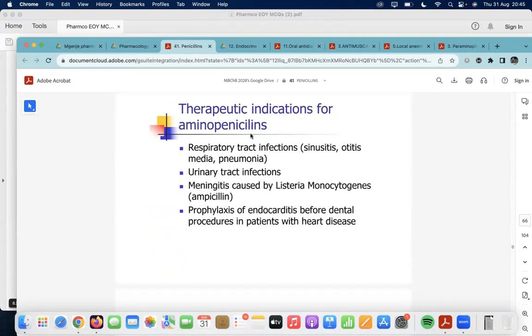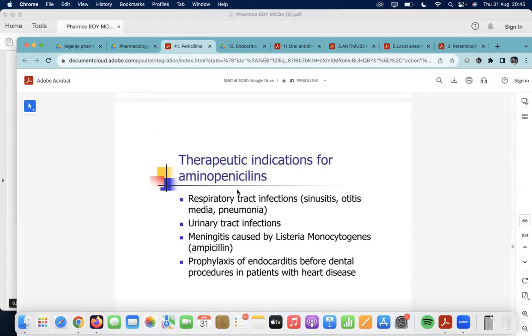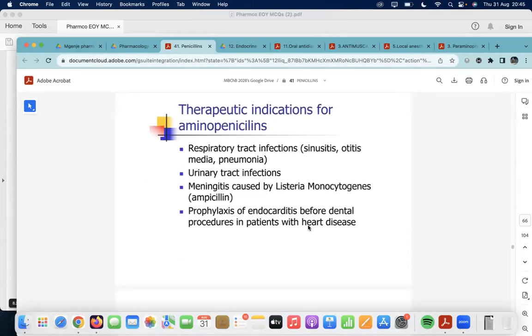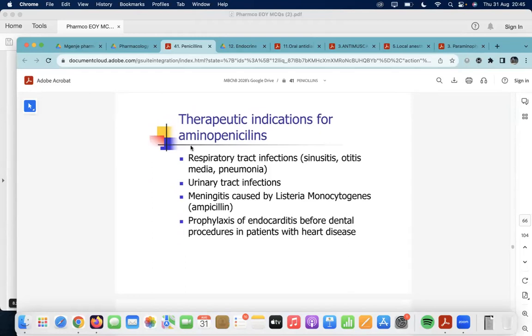Amoxicillin is used in prophylaxis of endocarditis before dental procedures in patients with heart disease. So not only should we take note of that, but also other therapeutic indications for aminopenicillins. Amoxicillin is also used in respiratory tract infections, so sinusitis, maybe otitis media, and pneumonia.